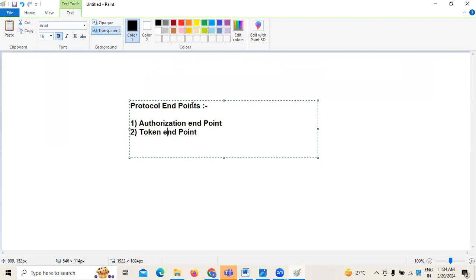But make sure we have resource owner authentication, which is important. Unless we have resource owner authentication, these authorization endpoints will not be of much use.